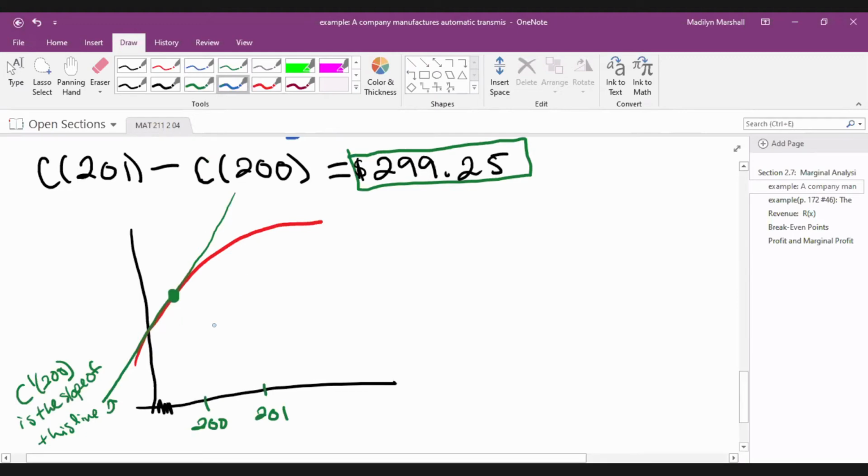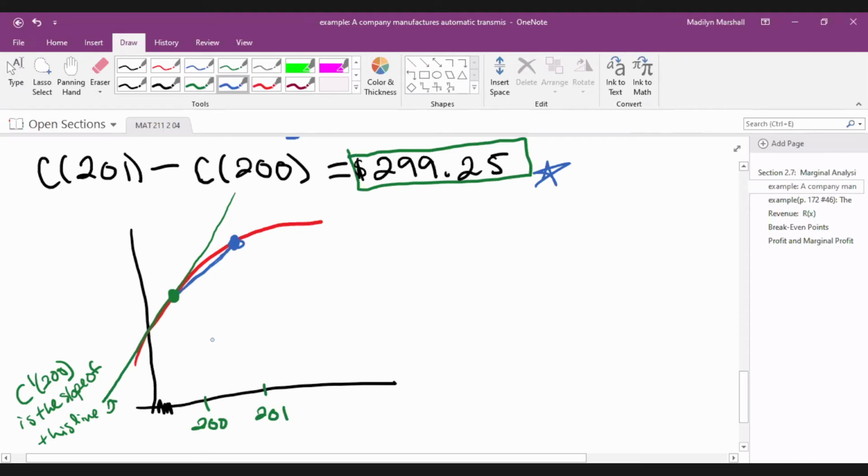When we found the change in cost from 200 transmissions to 201 transmissions in this exact way, we were actually finding the change from the point on the graph at 200 to the point on the graph at 201. So in that case, we're actually finding the slope of this line. If we're super zoomed in, this looks like a bigger difference than it really is.